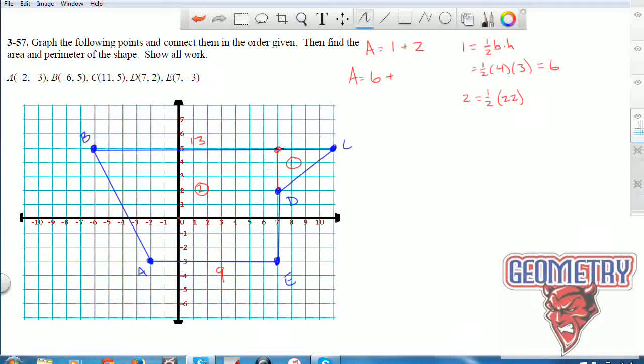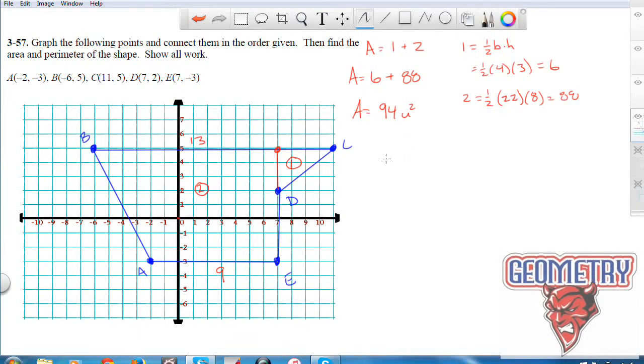And then the height, let's see, this is 5, and it's at -3, so it's a height of 8. So 1/2 of 22 times 8 is the same as 11 times 8, which is 88. Or 4 times 22, right? So the total area is 6 plus 88, which is 94 square units.